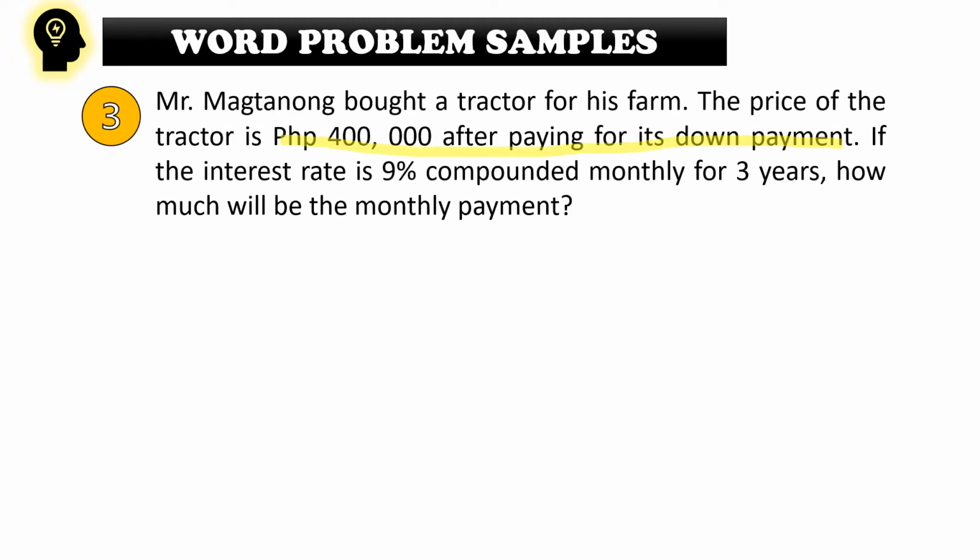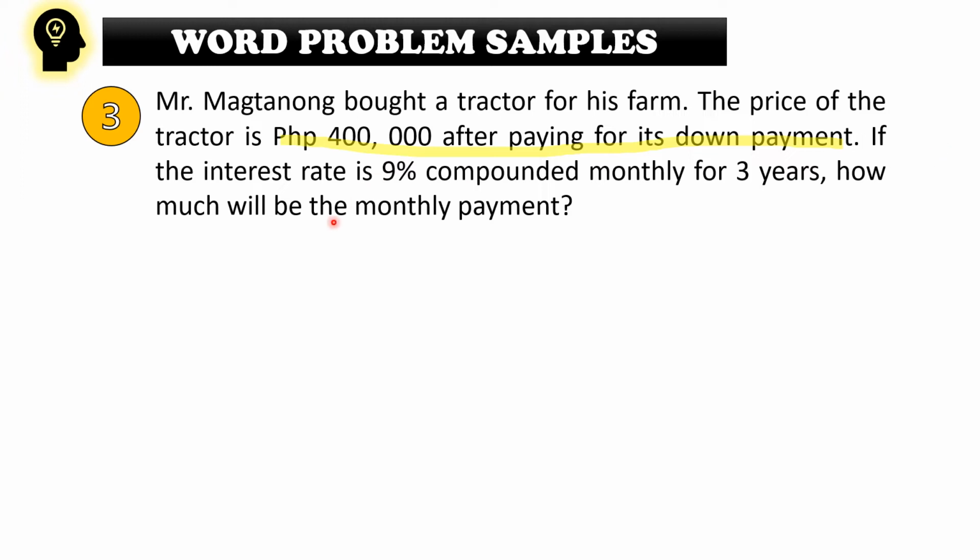This time, let's proceed with word problem number 3. So Mr. Magtanong bought a tractor for his farm. The price of the tractor is 400,000 pesos after paying for its down payment. Okay, pagkatapos na mabayaran yung down payment, ang halaga ng tractor is 400,000 pesos.